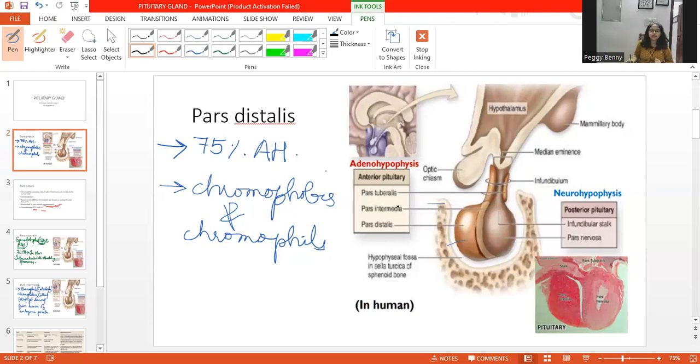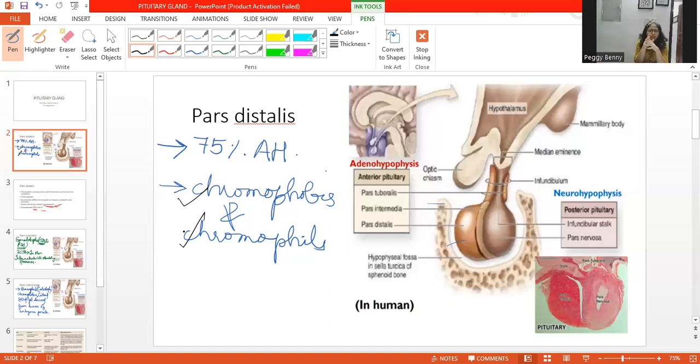The types of cells present in pars distalis include chromophobes and chromophils. Chromophils, as the name suggests, are secretory cells that have secretory granules present in the cytoplasm. These secretory cells have affinity towards particular dyes.